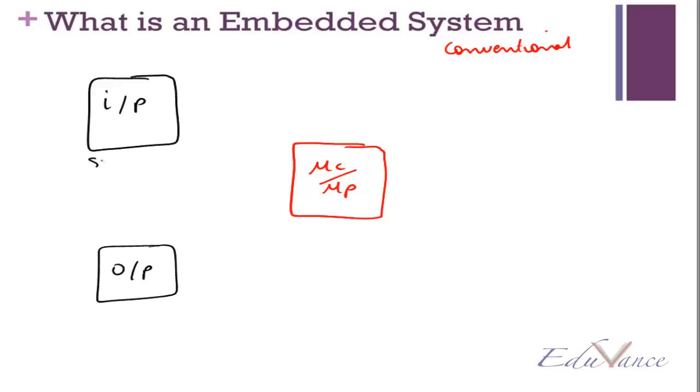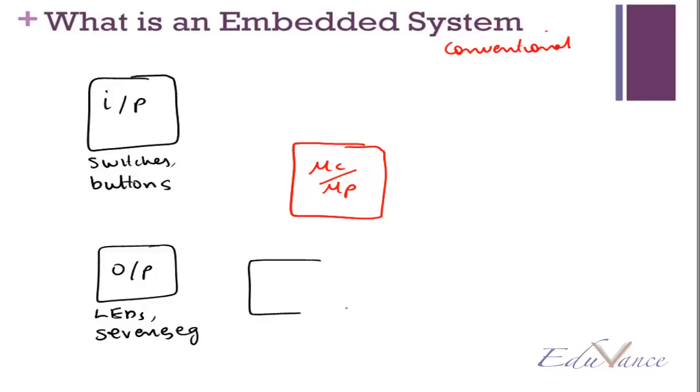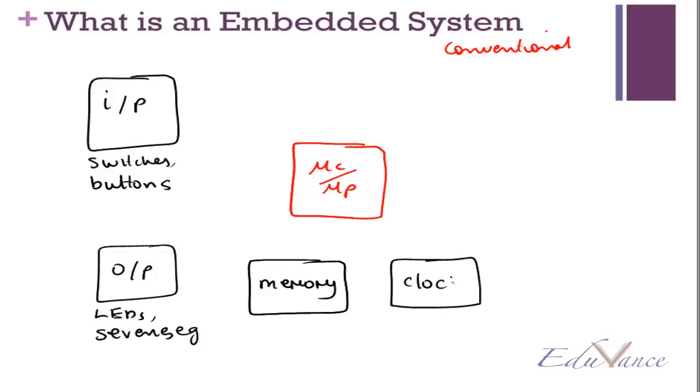Examples of input devices could be switches, buttons. Output devices could be LEDs, 7 segments, and then we have the conventional elements, which include memory, clock, power supply.